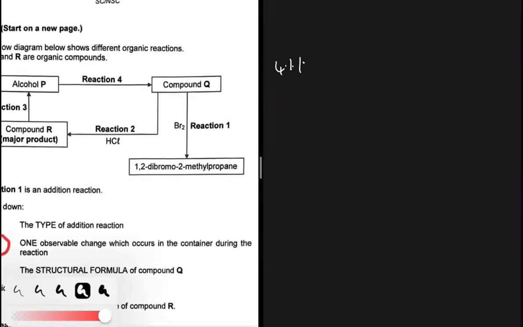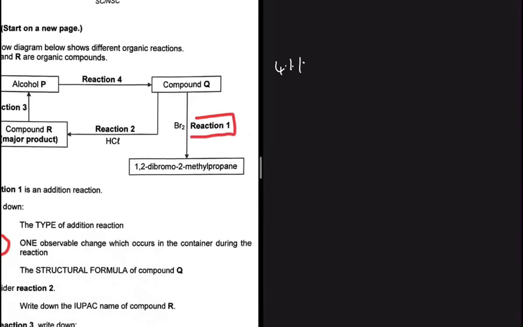So we have reaction 1 here, and we are adding Br2, right? So we know that it is an addition reaction. But what is the name of that addition reaction? Because you are adding Br2, the name of that addition reaction will be bromination, right? So our answer for 4.1.1 should be bromination.